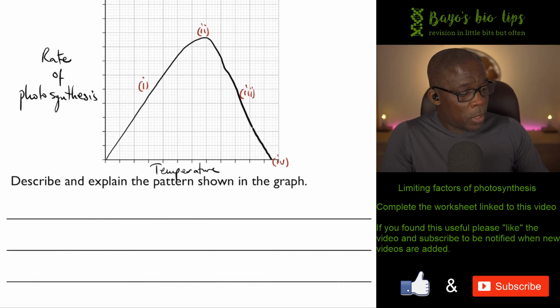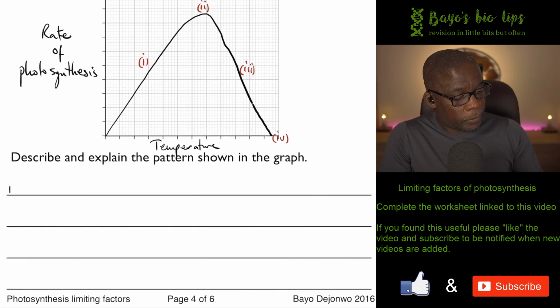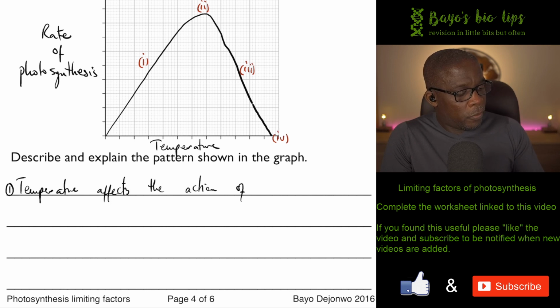So let's describe and explain that. Temperature affects the action of Rubisco, which is the enzyme involved in the conversion of RuBP to GP.